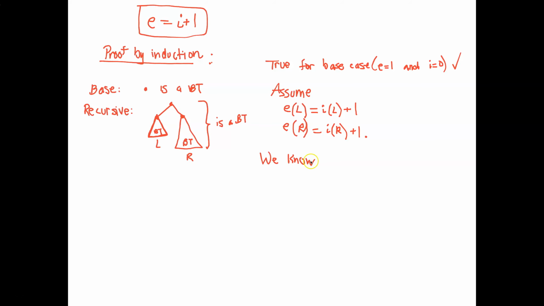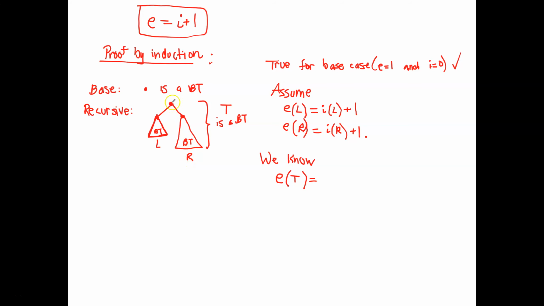For example, let's call this entire tree T, including the left one, the right one, and this root. We know that the number of external nodes in that whole tree, we can write with respect to the left and right tree. External is a node that has no children.